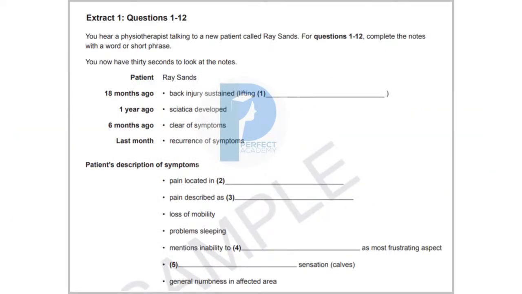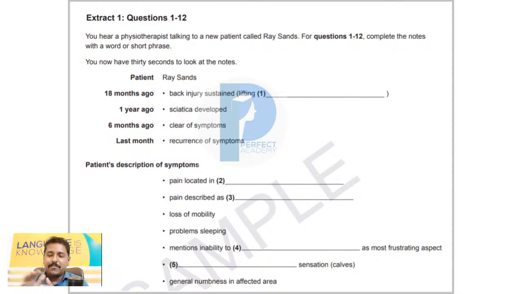So this is how the test paper looks. In part A, you see this set of blanks on the screen, where a patient talks about his back injury. There are a lot of things that have developed over the years.